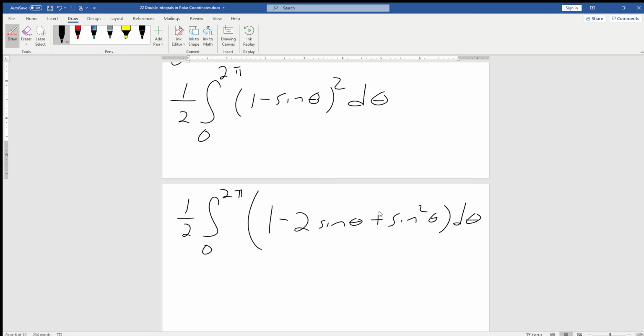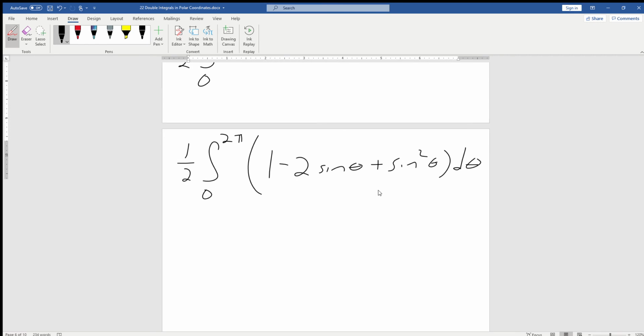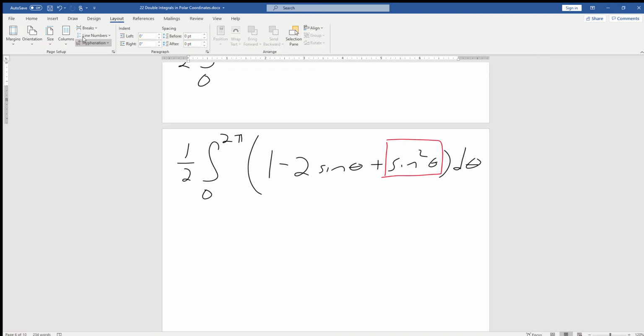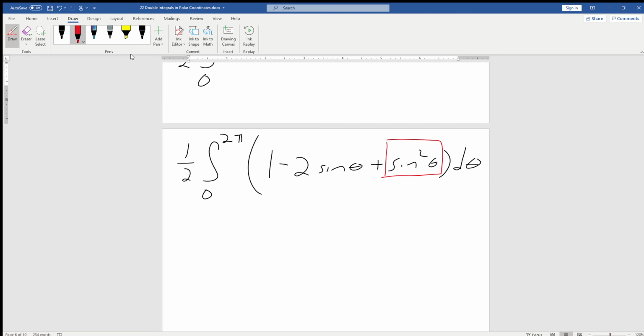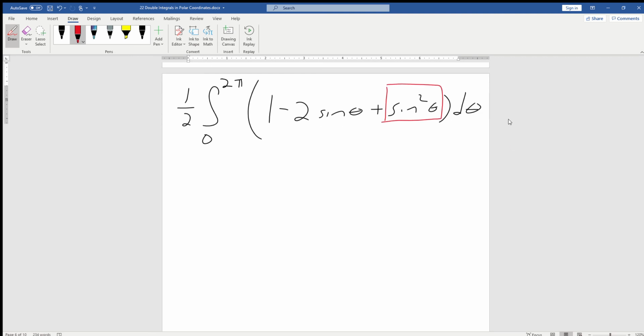Two of the terms are extremely easy to evaluate. The first two are basic antiderivatives, which we could evaluate. Sine squared is not basic. To evaluate sine squared, what you probably have to remember is that there is a power reducing formula. This is a technique that we might have to utilize a few times. So I'm just going to abbreviate that, power reducing formula.